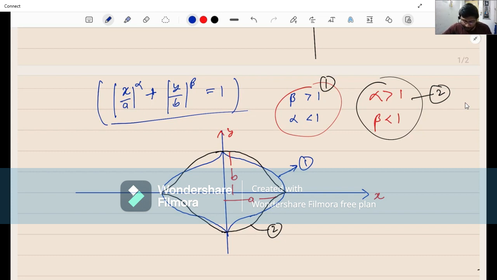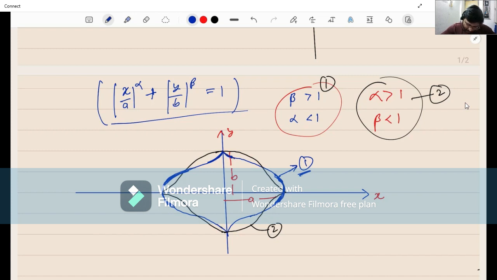If you pick curve number 1, the blue one, its nature along the x-axis is different. It is soft when it crosses the x-axis. But when it crosses the y-axis, it is not soft. It is sharp. It is making a cusp.